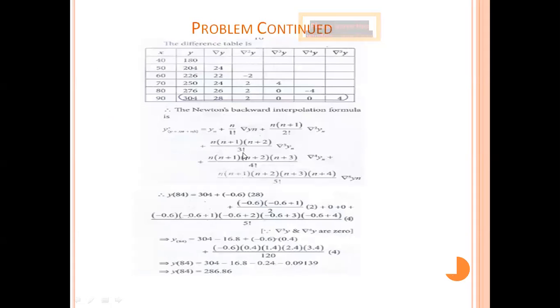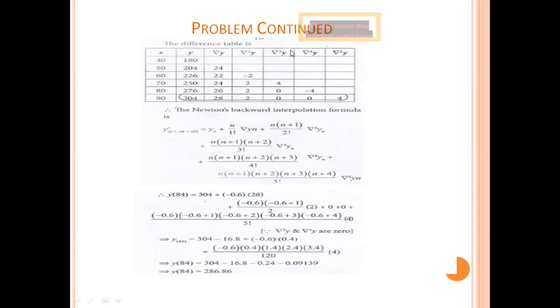So the difference table is: x value, y value, del y is 204 minus 180 is 24, 226 minus 204 is 22, 250 minus 226 is 24, 276 minus 250 is 26, 304 minus 276 is 28. The del square y values: 22 minus 24 is -2, 24 minus 22 is 2, 26 minus 24 is 2, 28 minus 26 is 2.